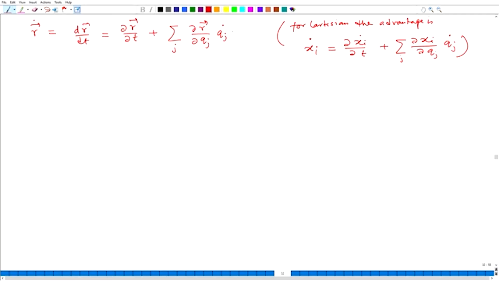Here you have something to observe: r was initially a function of the generalized coordinates and time. So when you do del del t, it will not import any q dots, because it acts on a q, which gives 0, since del q del t is 0.